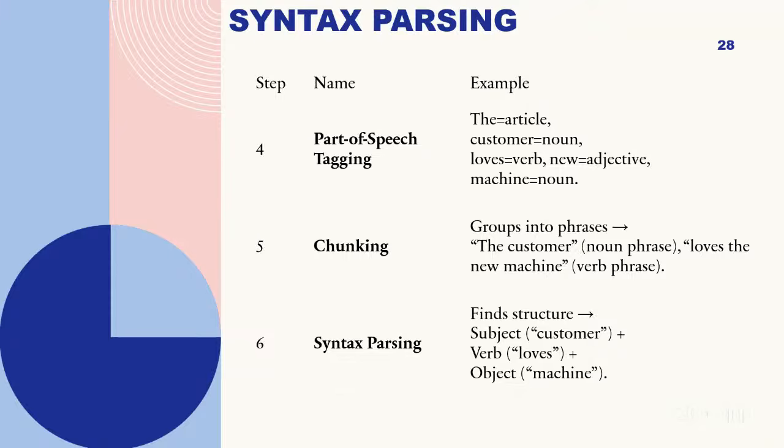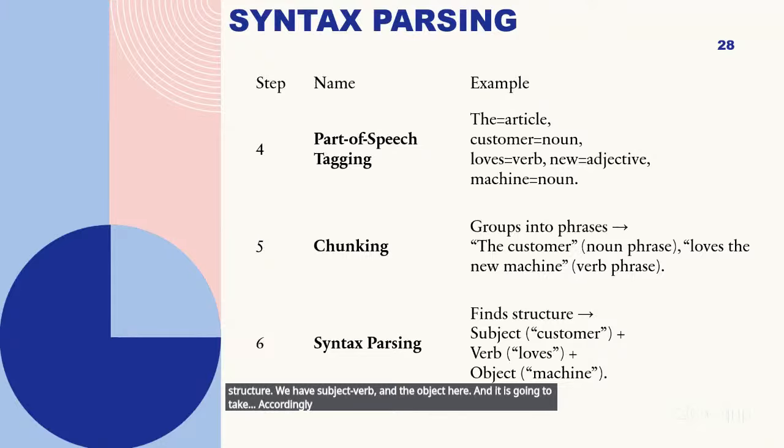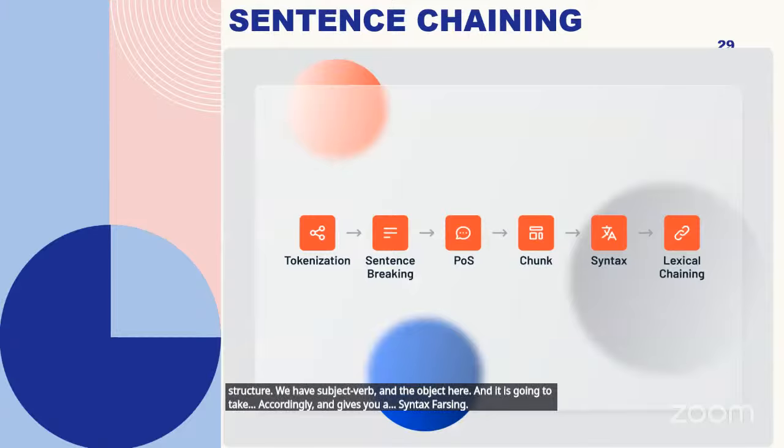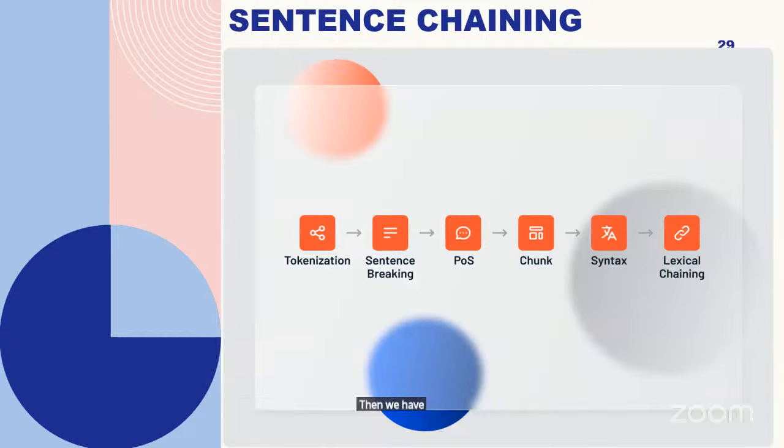That is, it is going to find out the structure. We have subject, verb, and the object here, and it is going to take accordingly and give you the syntax parsing.